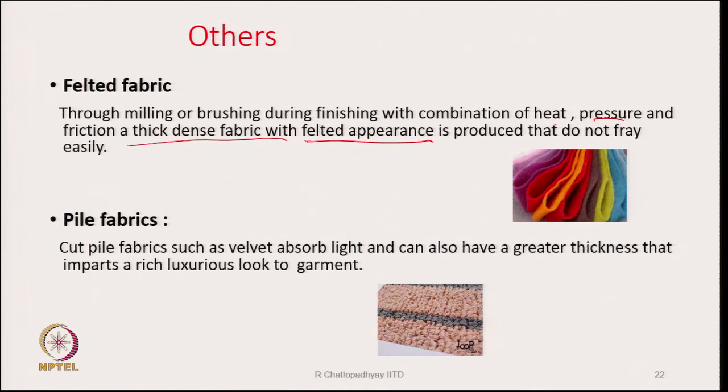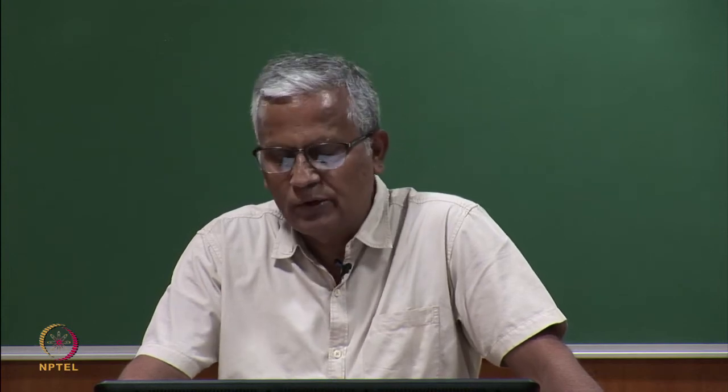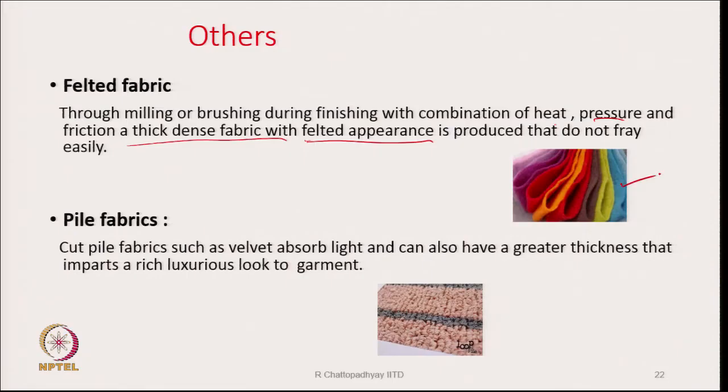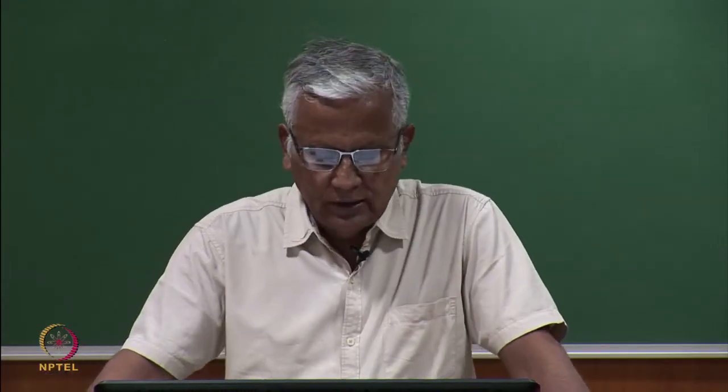So, a normal woolen fabric, maybe a plain weave fabric or twill weave fabric or maybe satin weave fabric, whatever fabric we produce, those woolen fabrics are now felted by this process, and we create such structures where once it is felted, we will not be able to make out whether originally it was a plain open fabric or not.